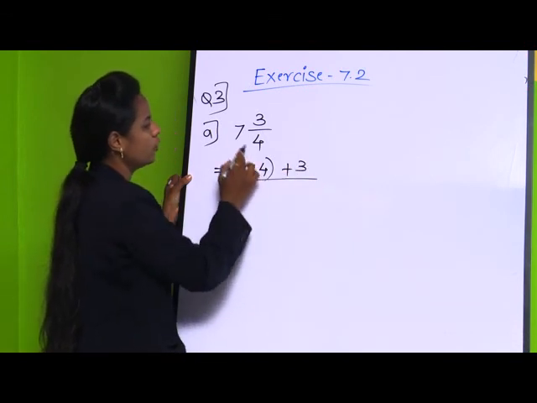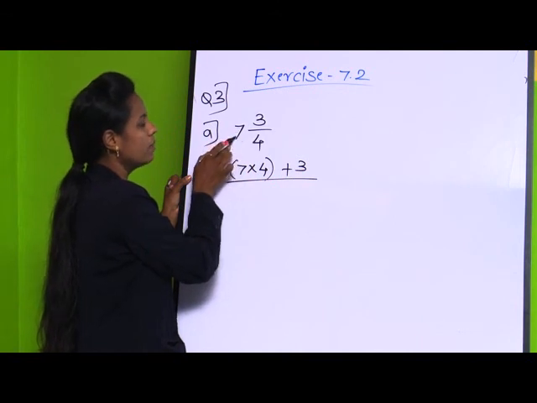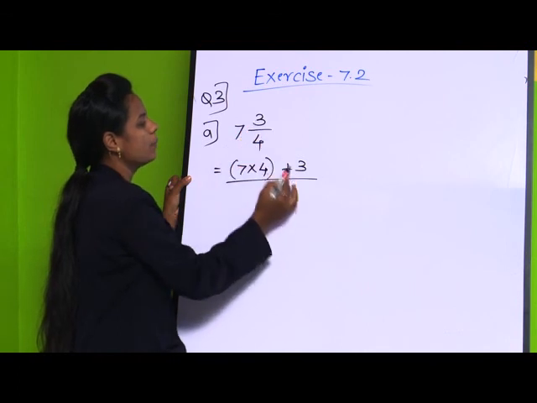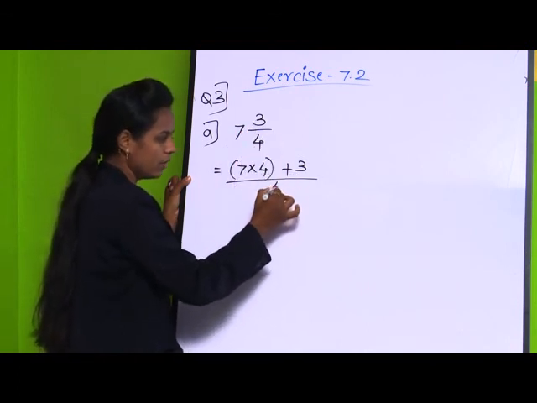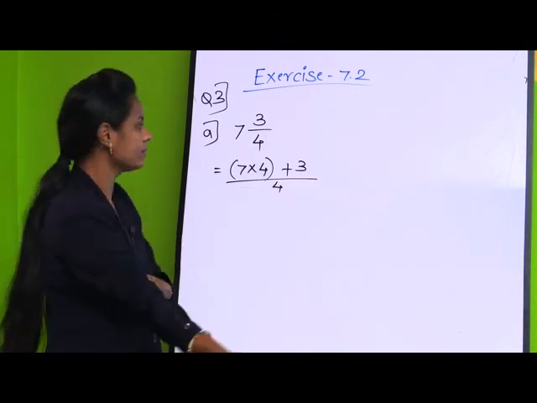Okay. The denominator will be multiplied with the whole number, 7 into 4, and the numerator should be added, and in the denominator we will keep it as it is, 4. Okay.